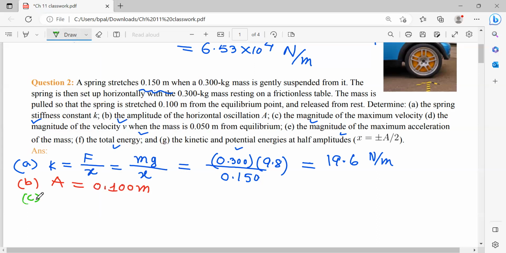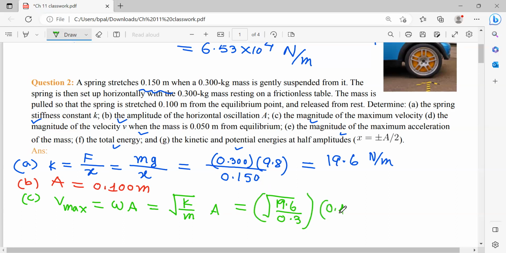Number C is Vmax. If you remember, we already derived the equation Vmax equals omega A, and omega is equal to square root of K over M. So K is 19.6, M is 0.3, and A is 0.100.